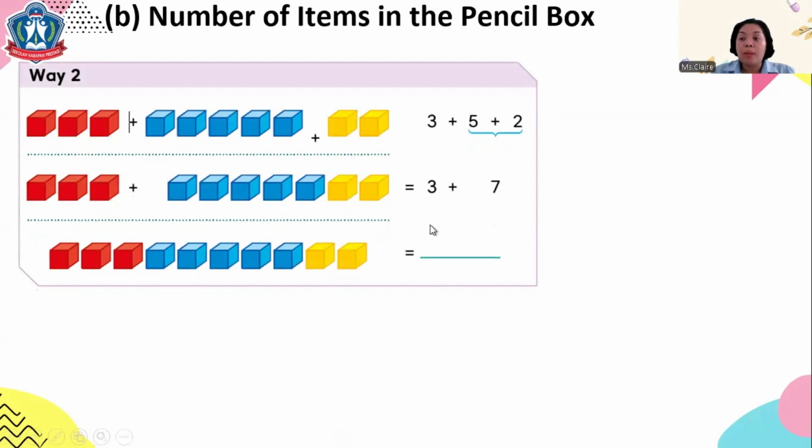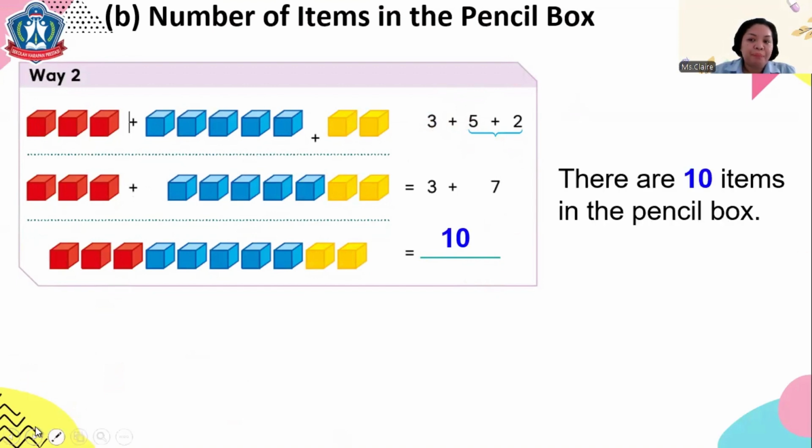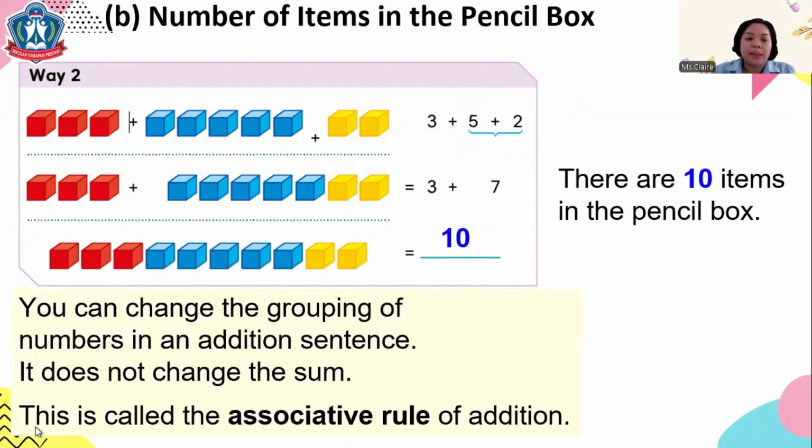So we will not add the 3 plus 5, but the 5 plus 2 first. As you can see, earlier we added the 3 plus 5, so that was 8. Now we add 5 plus 2, and that is 7, so the total is 10, right? Okay. So there are 10 items in the pencil box. So this kind of rule is what we call the associative rule of addition.